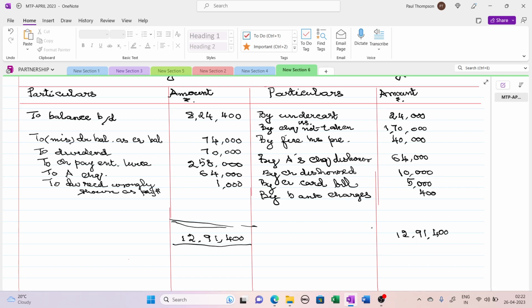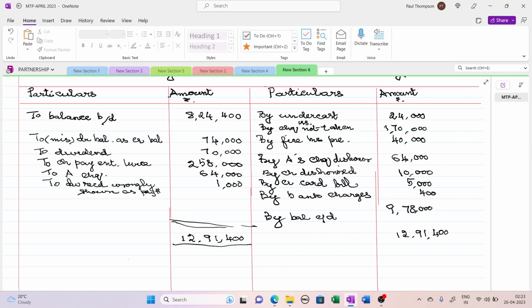That is my balance in my cash book. The balancing figure is 9,78,000. This is the balance carried down. This will appear on the debit side as balance brought down. Okay, so that is my adjusted cash book balance.